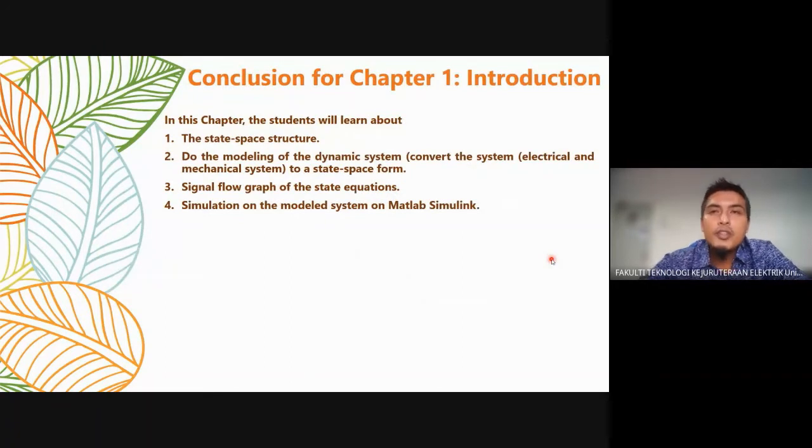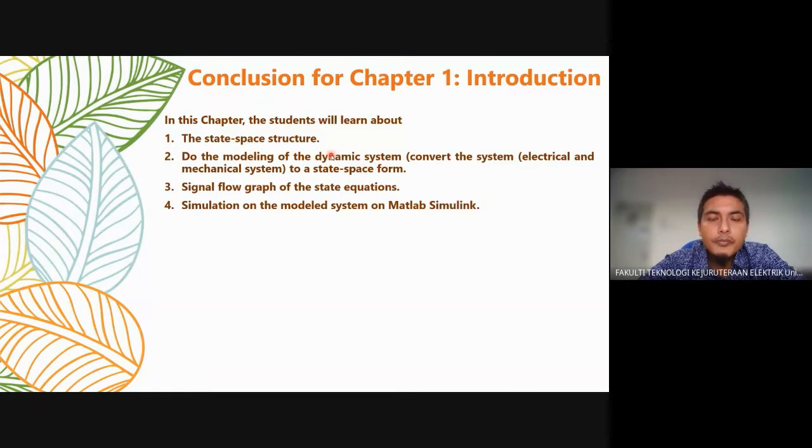So, the conclusion for chapter number 1. In this chapter, you will learn, firstly, the state space structure. Then you will do the modeling of the dynamic system, which means modeling the electrical and mechanical systems in this course into state space form.